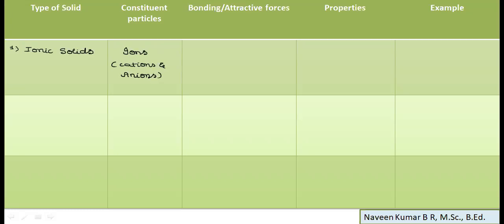So they act as the constituent particles in the case of ionic solids. And between the ions, we know that the electrostatic force of attraction or Coulombic force of attraction is there, for the solid structure to form. So hence, it is Coulombic or electrostatic force of attraction.